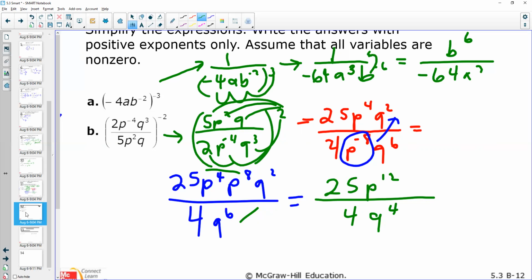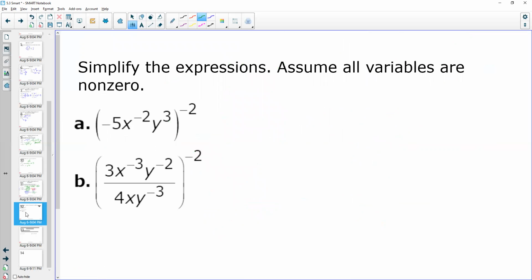Okay. All right. These ones I want you to try. Follow the same steps we followed a minute ago. And let me know. I'm going to put the answers here. Come on into the discussion if you're stuck. So for A, it should be x to the 4th, 25y to the 6th on the bottom.